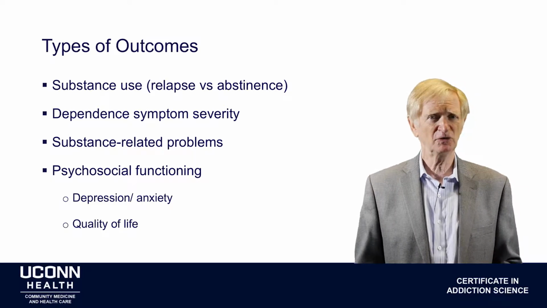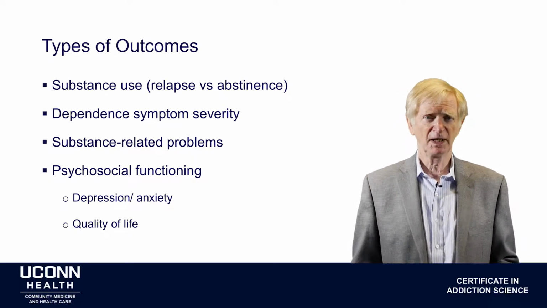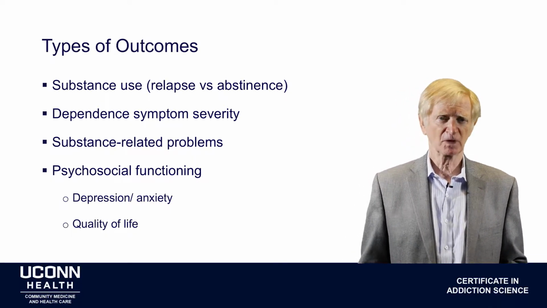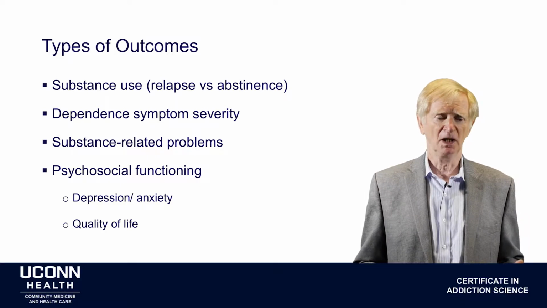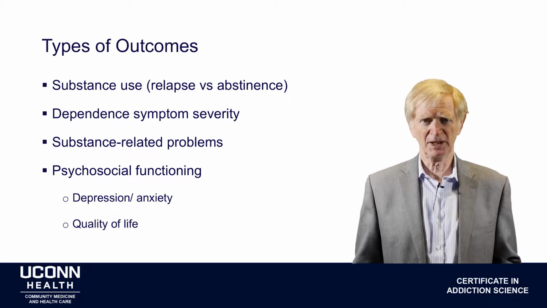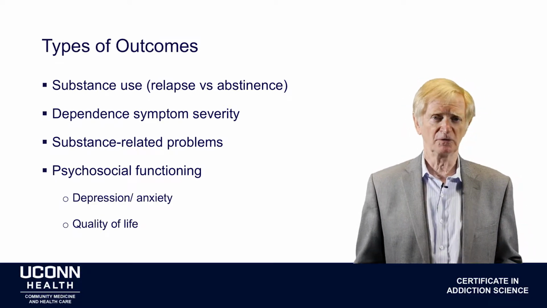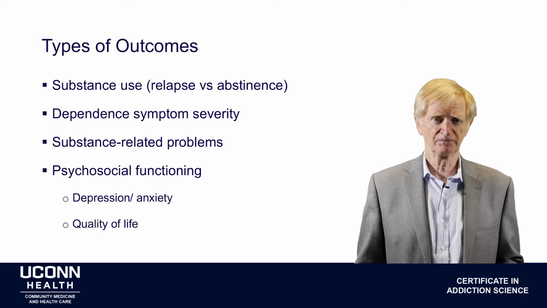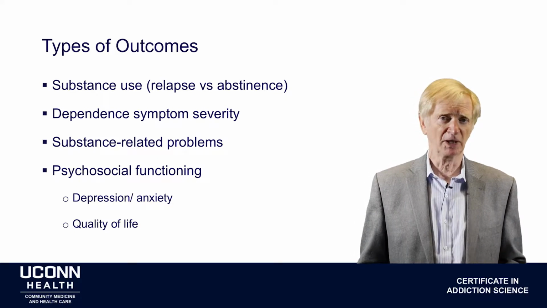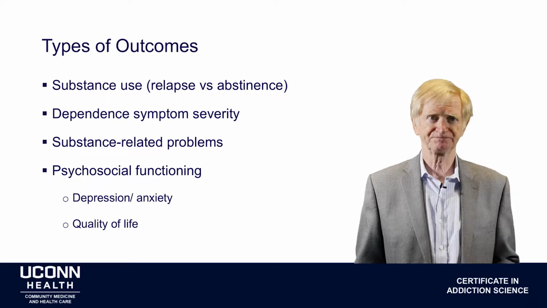And I'm going to give you some examples of how these measures are distributed over time in a group of patients who were exposed to the three conditions in the marijuana treatment project.